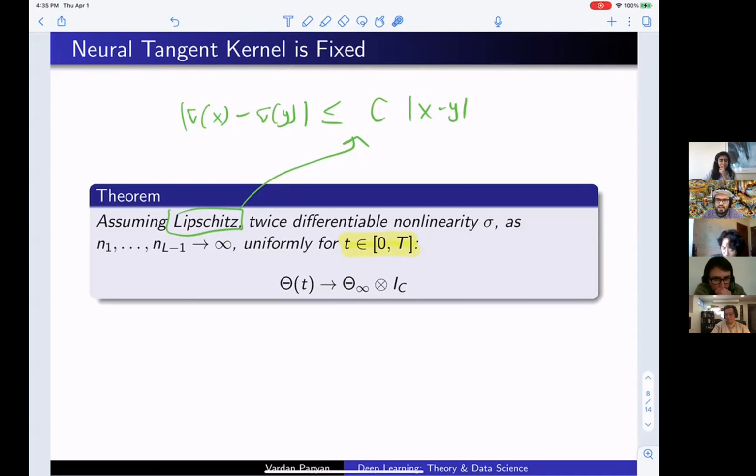Are you looking for how this whole thing depends on capital T? The main message is that the NTK is just fixed. For any T, it would just be fixed. Does it depend on anything? I don't think so. If you want, I can look at the paper at the end of the lecture to see if I missed something, but it does not depend on anything.